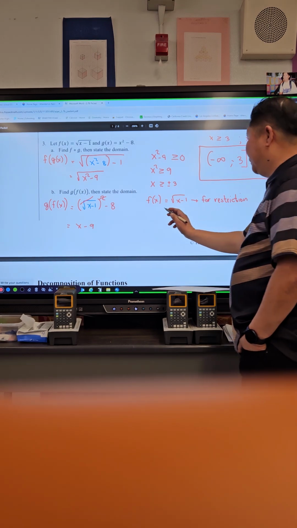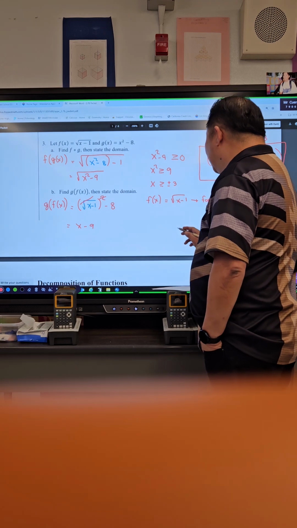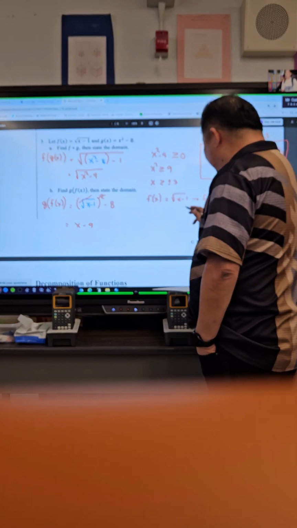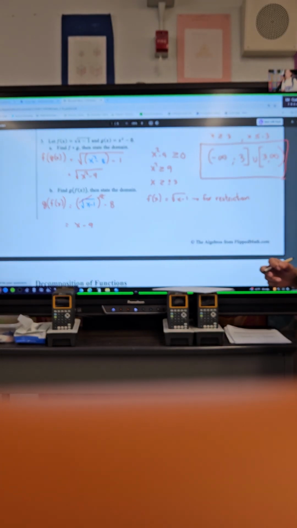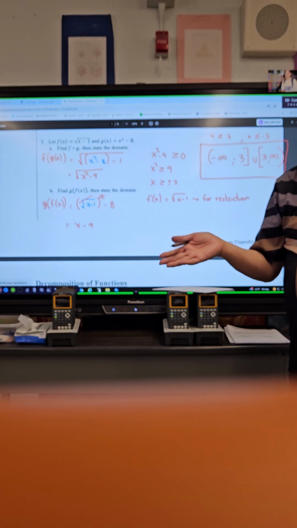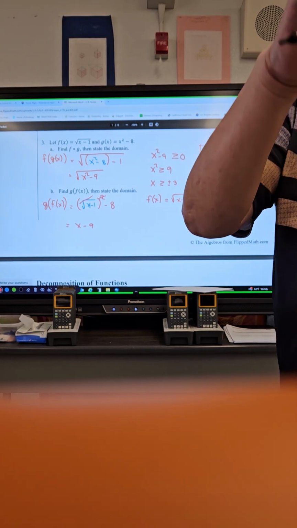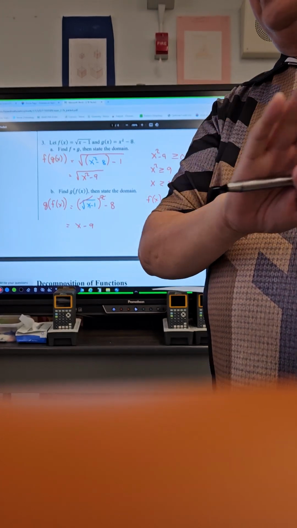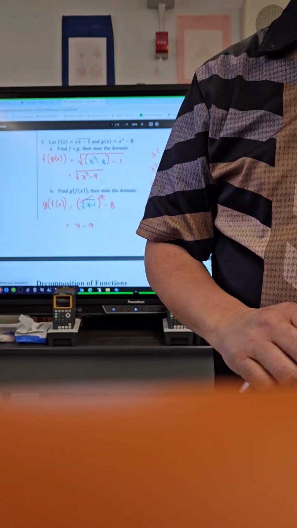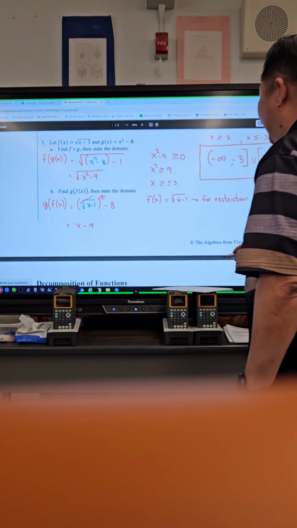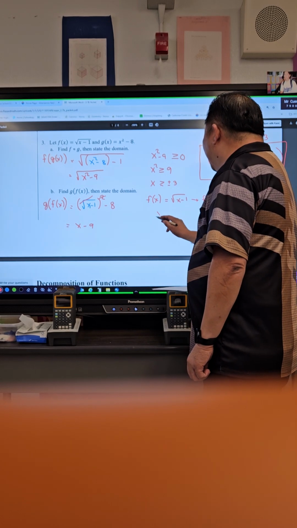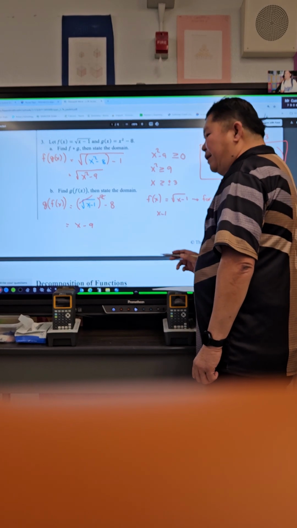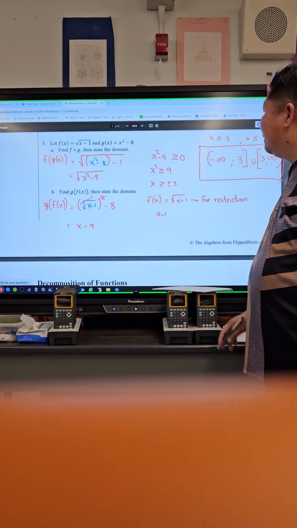What do we do? We're going to focus on x minus 1, right? I said that a while ago. Focus on the one inside the radical. Ignore the radical sign. So what is inside? x minus 1. And then what's next, guys?